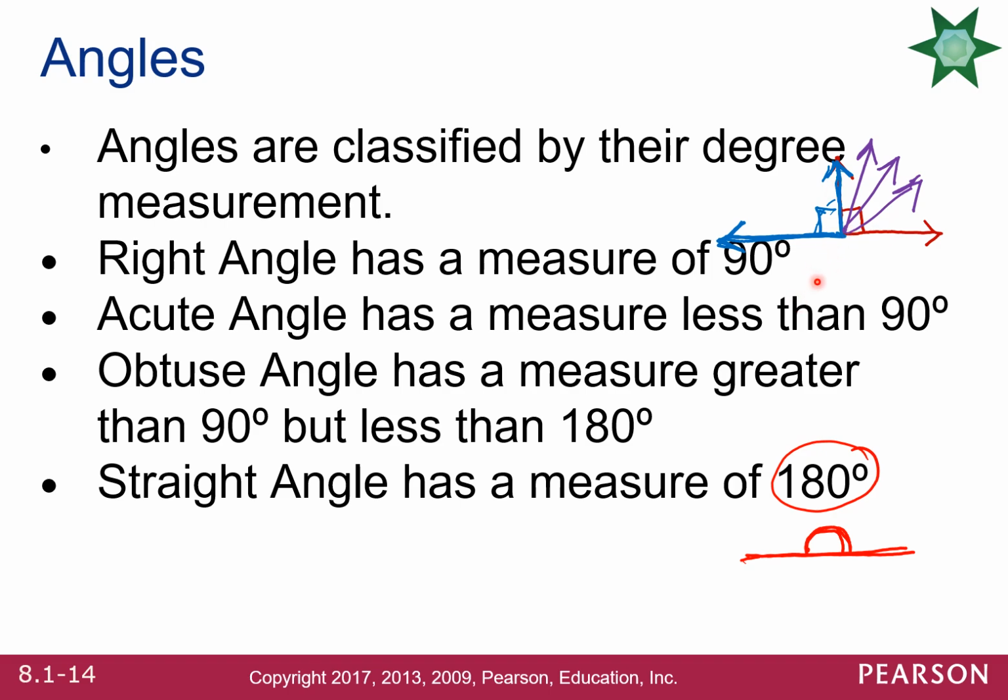If an angle is greater than 90 degrees, that means the terminal side would be somewhere here, here, here, right? As long as they are greater than 90 degrees but less than 180 degrees, it would be regarded as an obtuse angle. So an acute angle has a measure less than 90 degrees. An obtuse angle has a measure greater than 90 but less than 180 degrees.